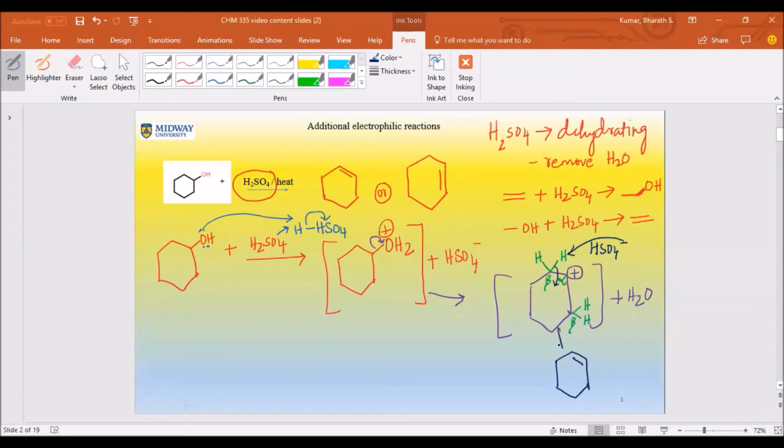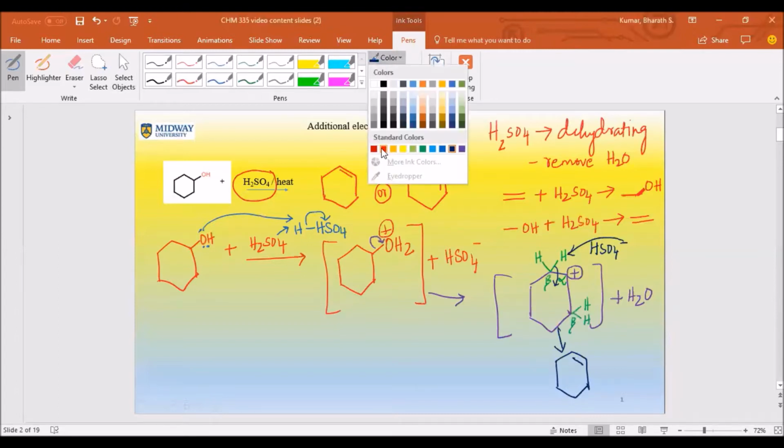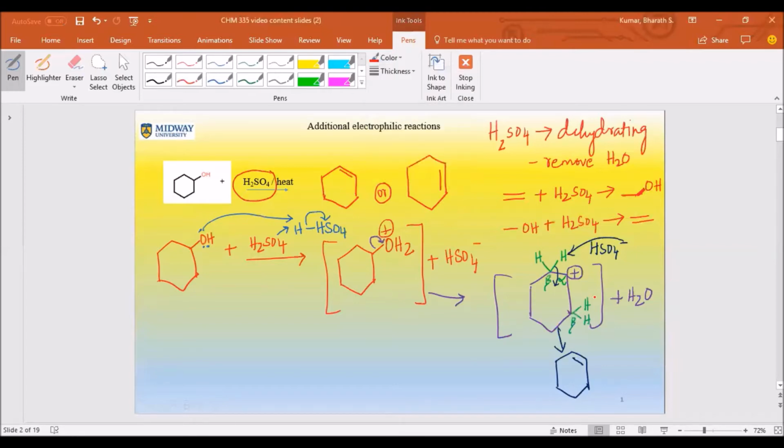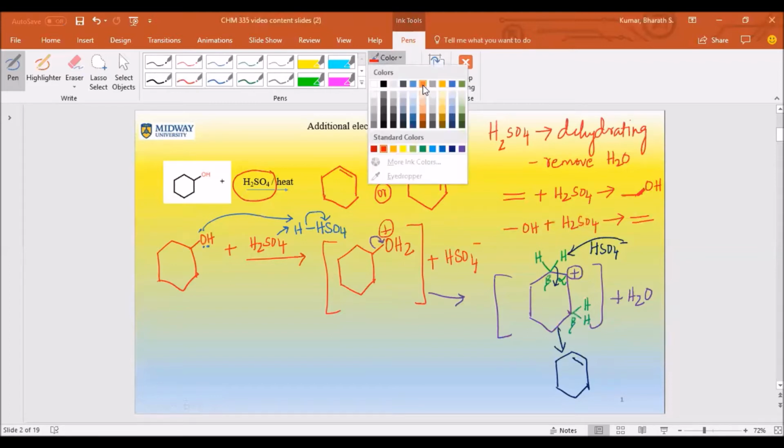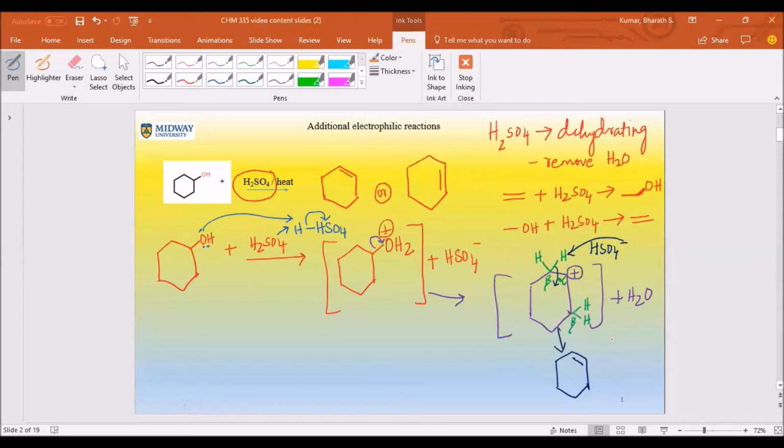If you remove this beta hydrogen, you have the option to remove one of these two. They're identical. It doesn't matter which one. But if you chose to remove from this beta carbon, then this would be the product. I'm going to switch color again, maybe orange. So let's say I chose to remove this hydrogen.